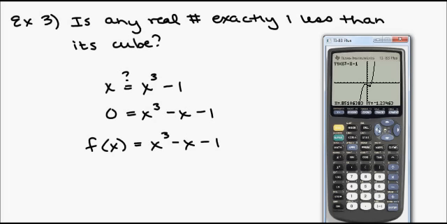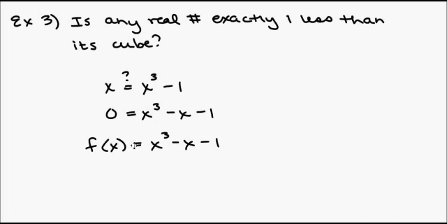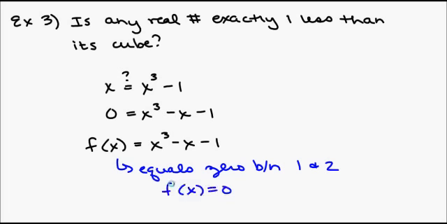So that is your 0. Your 0 is somewhere between 1 and 2. So this equals 0 between 1 and 2, which means that, well, this is where f of x equals 0, which means that there is some point between 1 and 2 where this is equal to 0.